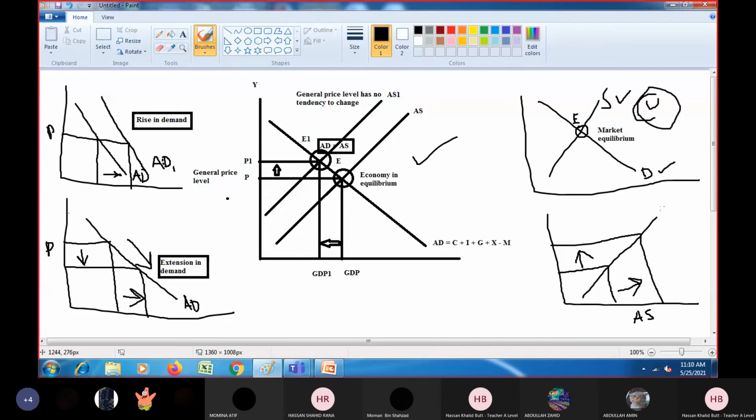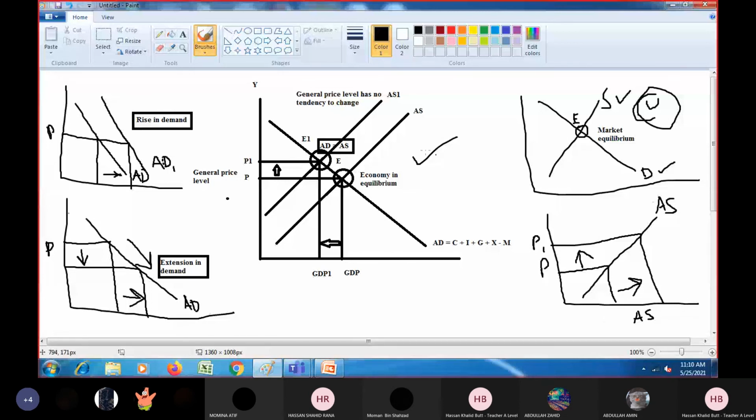The reason is that this supply curve only shows the willingness of the producers, that they are willing to produce more if the price level increases. It does not mean that they are actually producing more. Remember, they are willing. That's why we are not showing GDP, and there will be no effect on GDP.